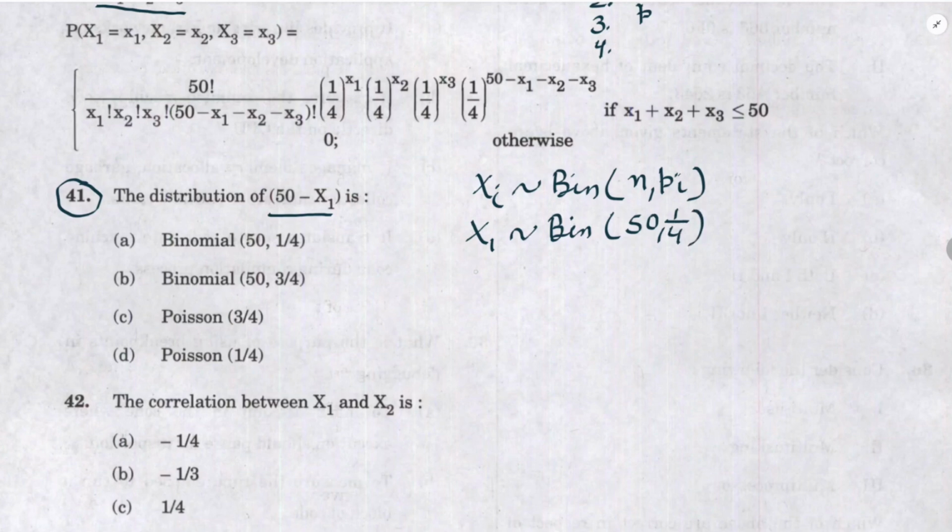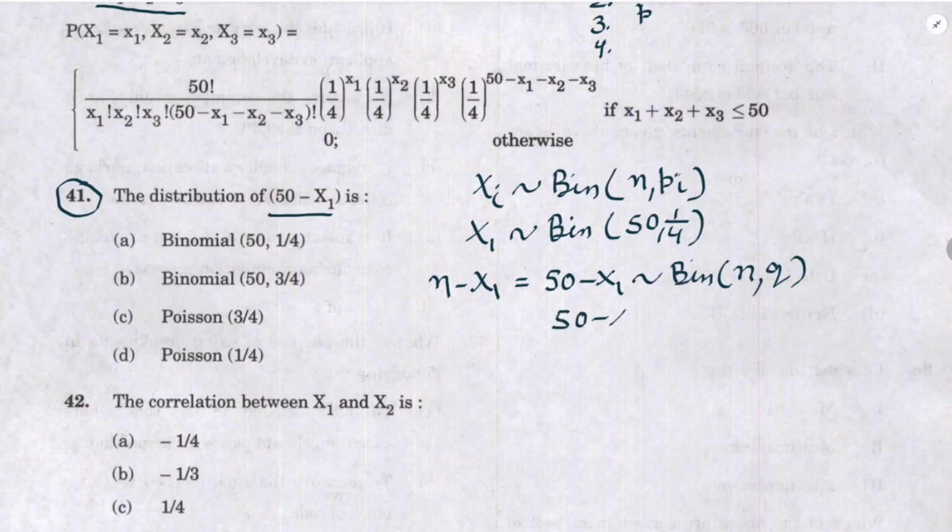Now if we subtract the random variable from the number of trials, the number of trials is n, and we subtract the variable from this one, that is 50 minus x1. So this will also follow binomial distribution with the same number of trials, which is n, but instead of probability p we have to write the probability of failure, which is q.